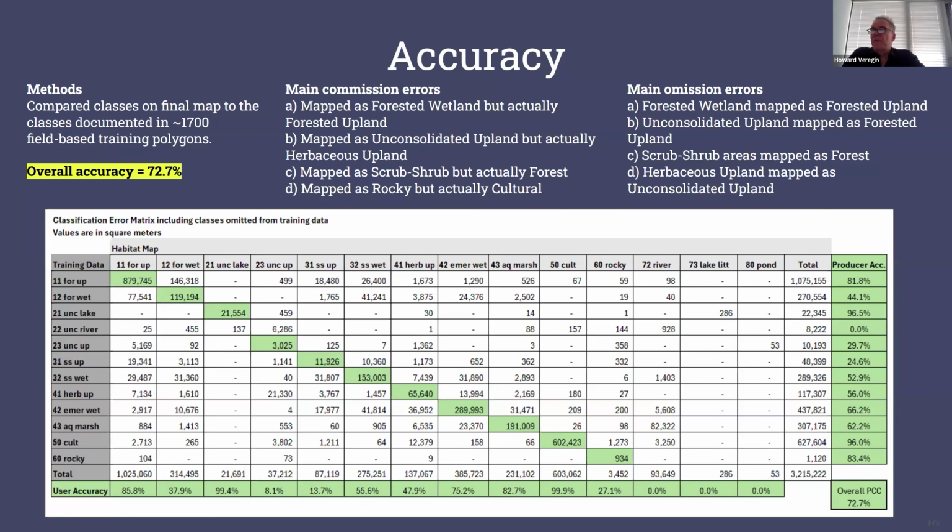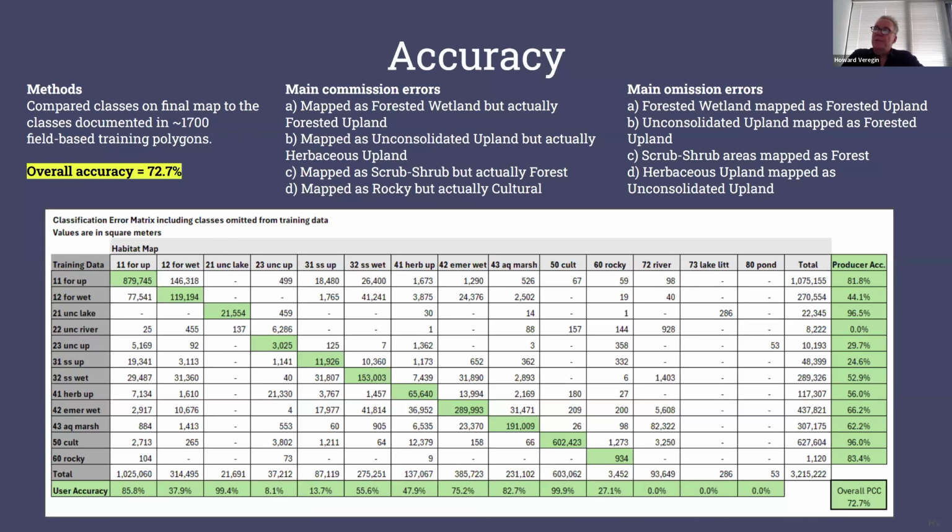We're getting accuracies around 73 or 74%, which we thought was pretty good, given the complexity of the task we were looking at. Some of the areas that we're still having some problems with are the wetland and upland categories, especially forested, unconsolidated upland, and actually herbaceous upland, which is a little bit odd.